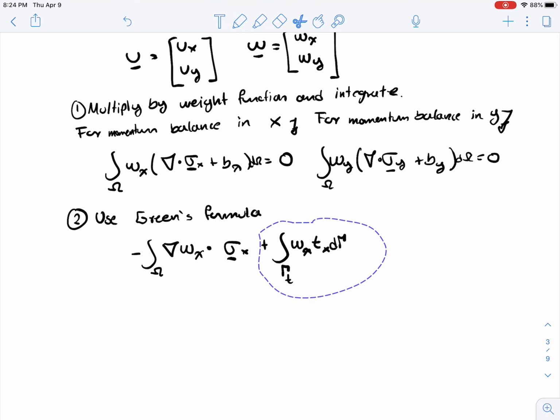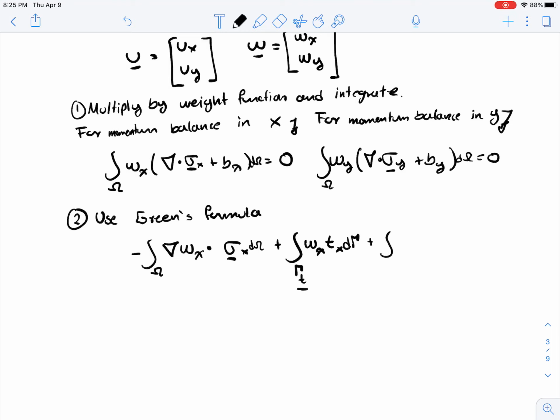And only the part of the boundary with natural boundary conditions survives, because on the part of the boundary where we have displacements, as always, the weighting function is going to be 0. So only the boundary with natural boundary conditions remains. And then the integral over omega of wx bx equals 0. So that's what I get from using Green's formula on the x component.